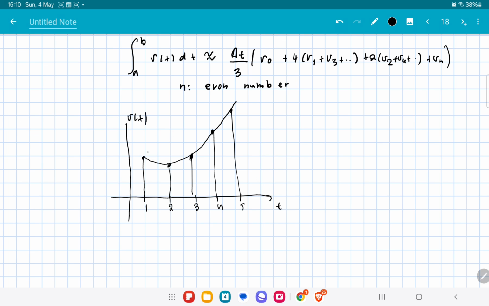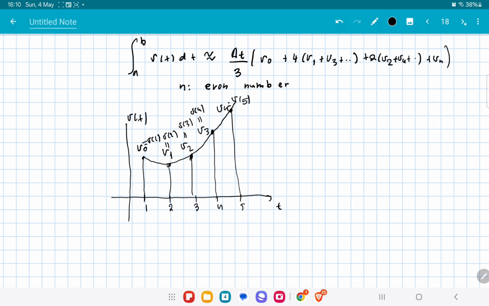Here is my v0, v1, v2, v3, and v4. So that's v of 1, v of 2, v of 3, v of 4, and v5.